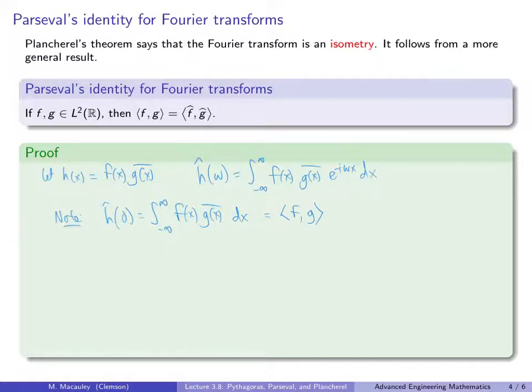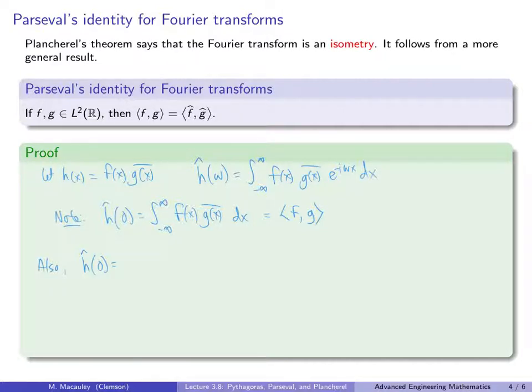Okay, so now I'm going to compute this a second way. So that's one thing to note. And then next, I'm going to write also h hat of 0. Another way to do this is to use the convolution of f and g. I know we haven't done that much in this class, but hopefully you've seen this in Laplace transforms, and I did mention it in the previous lecture.